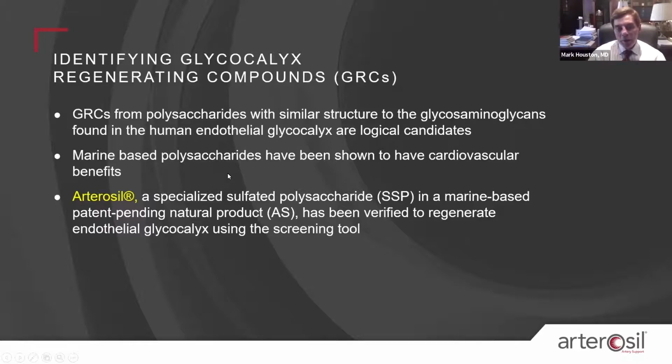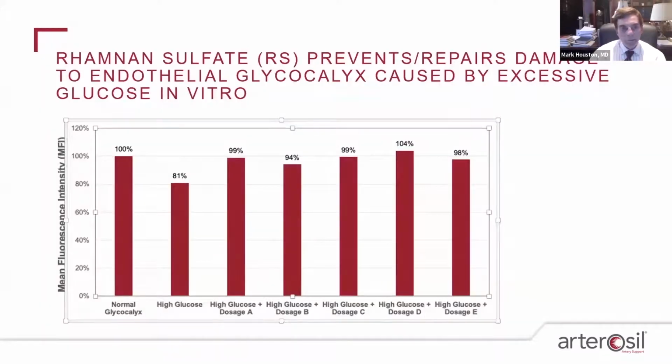The compound that was developed by Calroy is ARTEROSIL, and it's a specialized sulfated polysaccharide, marine-based ARTEROSIL that's been verified to regenerate both the endothelial glycocalyx and also to protect the endothelium. And I'll show you some data that can actually cause reversal or stabilization of plaque in the carotid arteries.